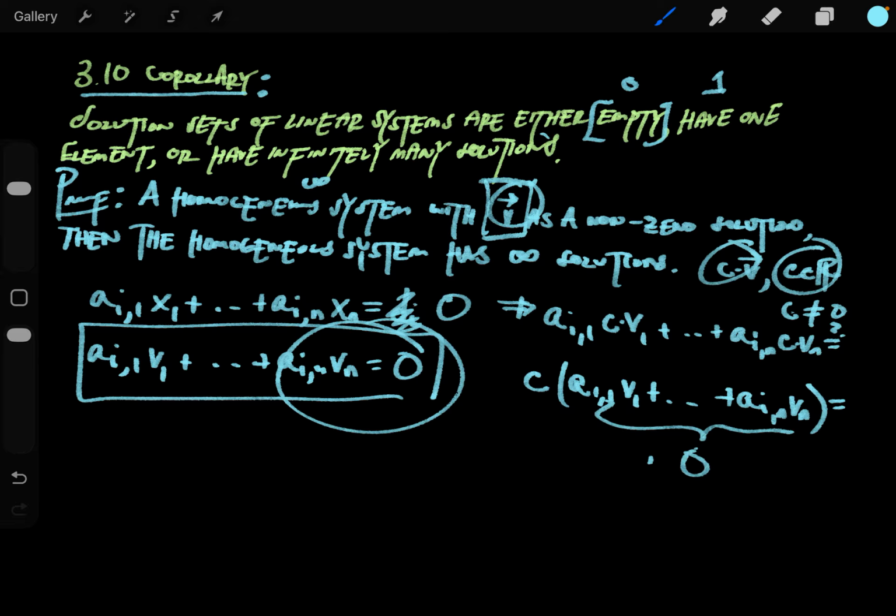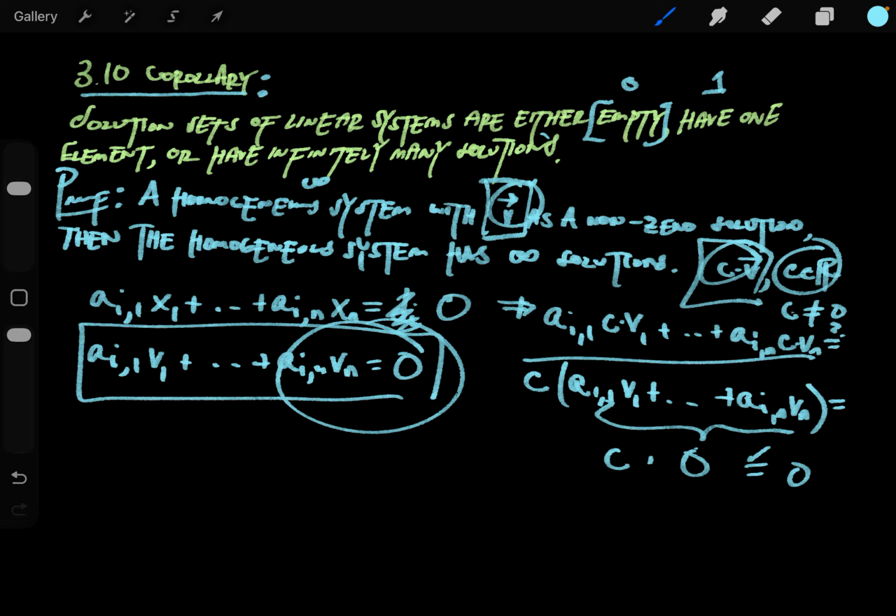So then this is C times 0, and you get 0. And indeed, this here is also a solution. And that was any C in R. There's infinitely many. Therefore, a homogeneous system with V as a non-zero solution has infinitely many solutions. So there's also the case where a homogeneous system has one solution, which is the 0 vector. So there's two cases for the homogeneous system: it could either have one solution or infinitely many solutions.